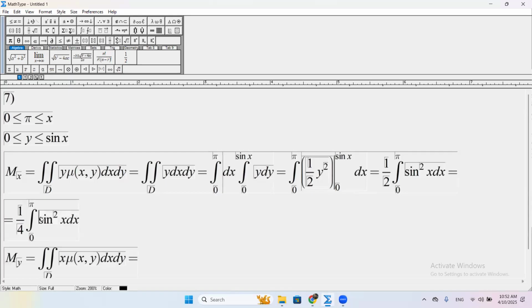So 1 over 4, and here we will use the degree reduction formula. So 1 minus cosine of 2x.